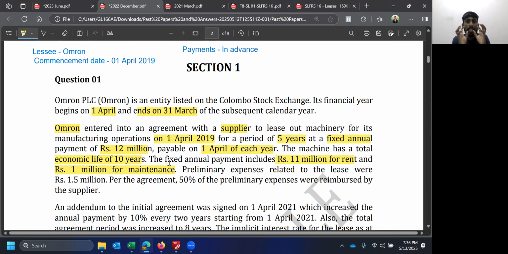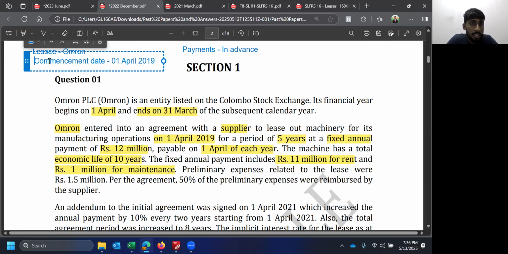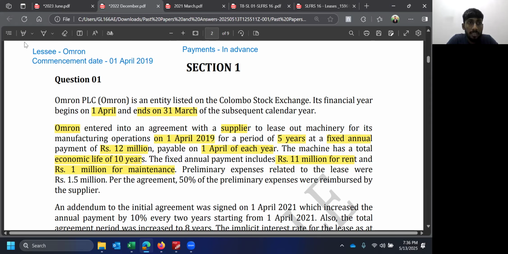So what is the concept underlying this sentence? Rent is what we pay in respect of getting the right of use. Then what is this maintenance? It is identified as what?